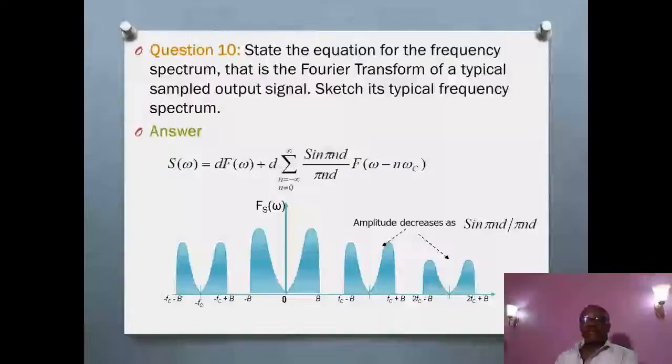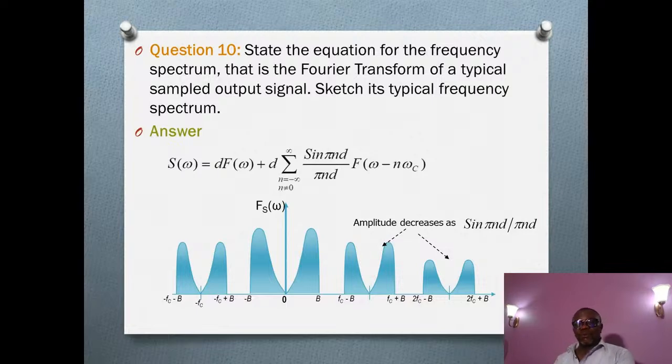The signal continues to decrease in amplitude by the rate given by sin(pi n d) over (pi n d), which is called the sinc formula.